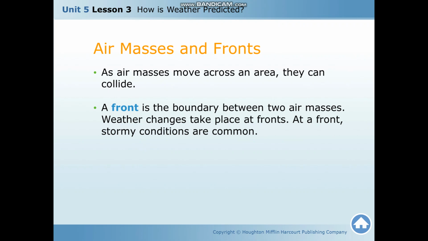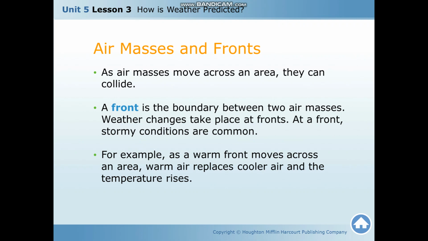Weather changes take place at fronts. At a front, stormy conditions are common. For example, as a warm front moves across an area, warm air replaces cooler air and the temperature rises. We are going to see that a little bit later.